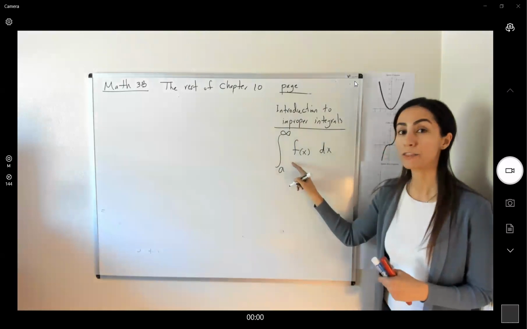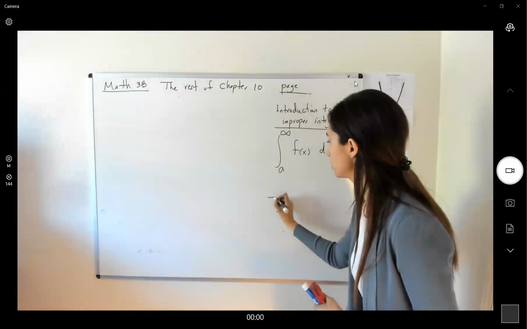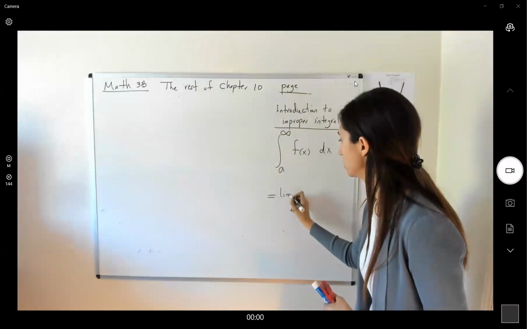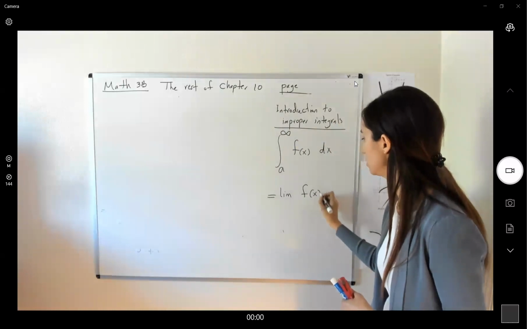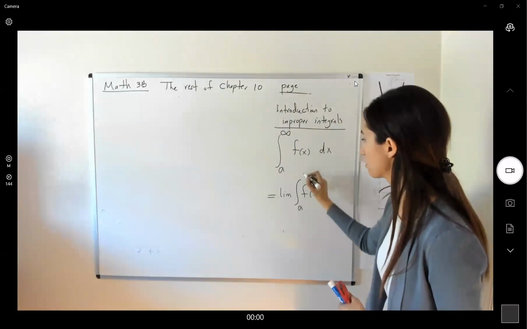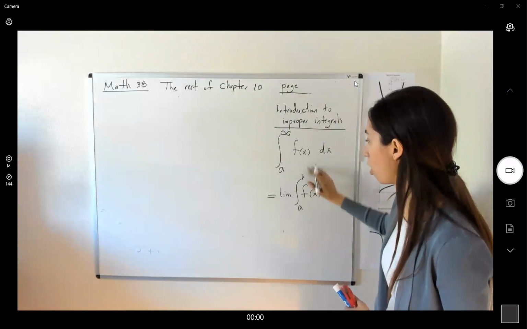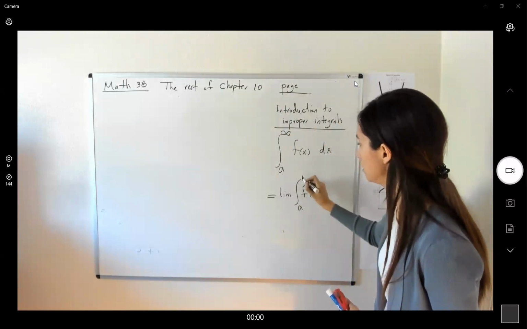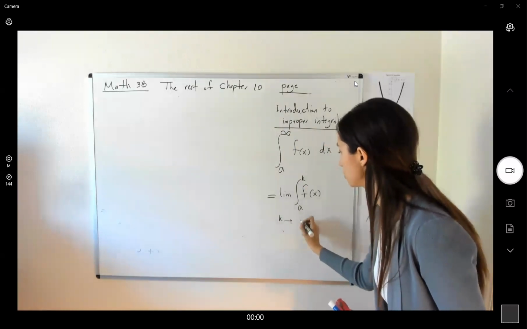To find this integral, we take the limit of this integral, from a to the upper bound k, while k goes to infinity.